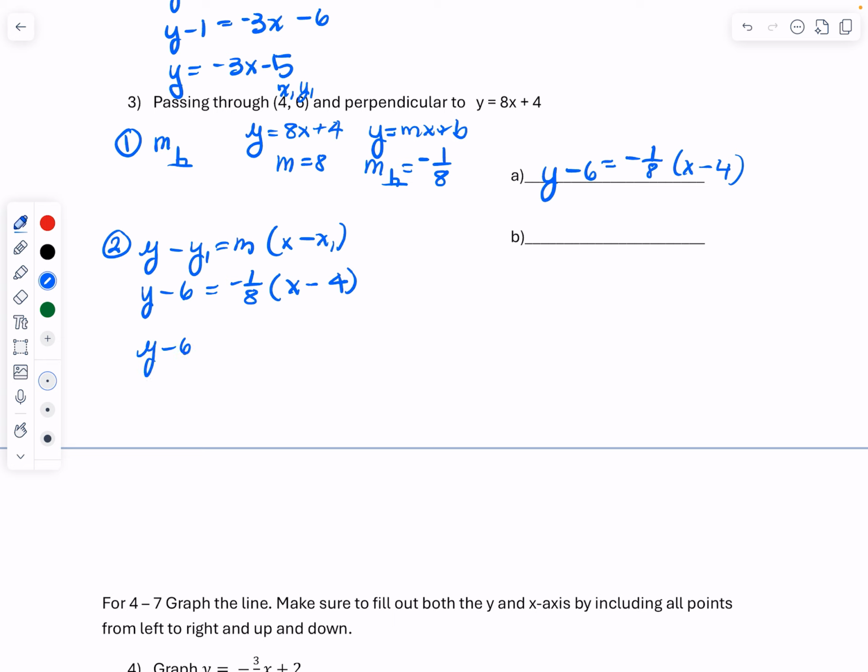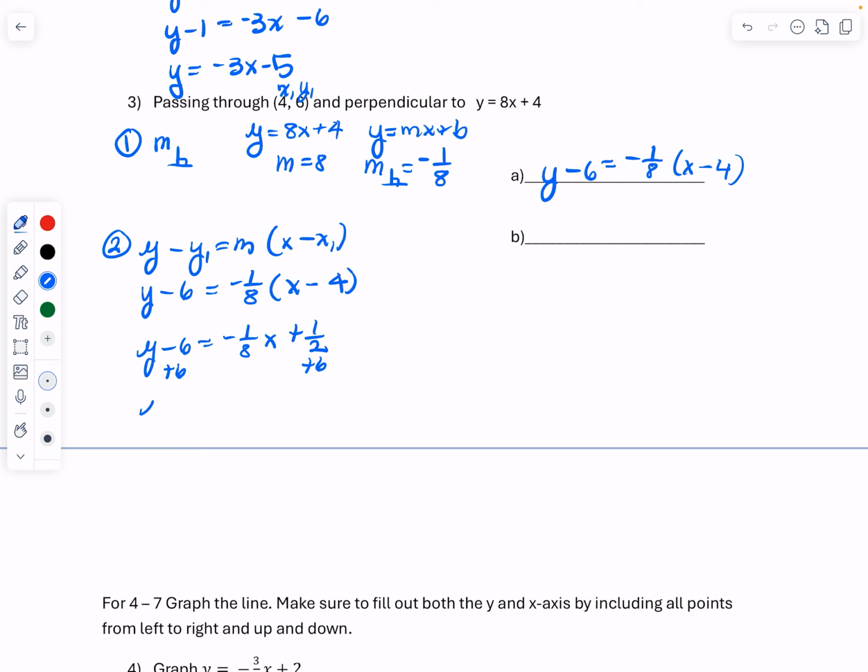So y minus 6 equals negative 1/8 x. And then if I multiply negative 1/8 times negative 4, I get a negative times negative, which is positive 4/8, which becomes positive 1/2. Instead of killing the fraction this time around, I'm just going to add 6 to both sides.